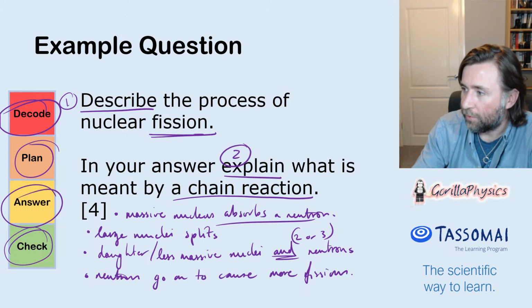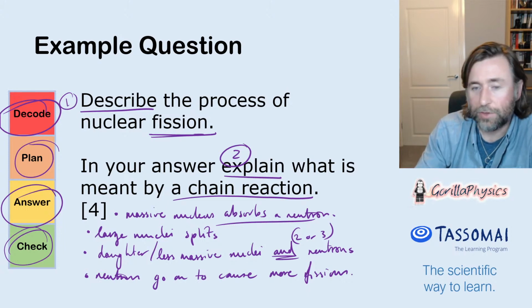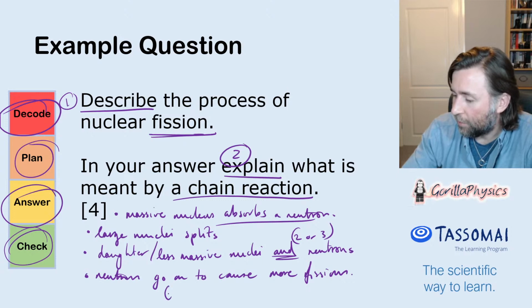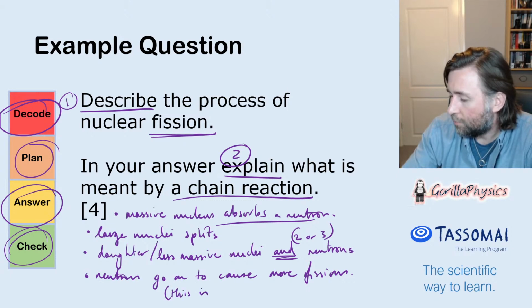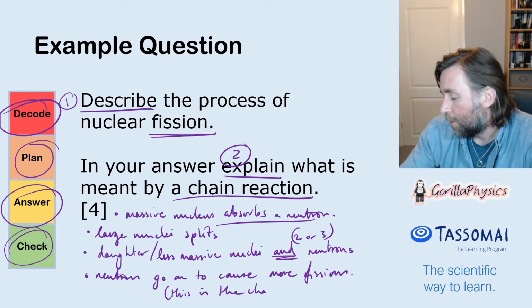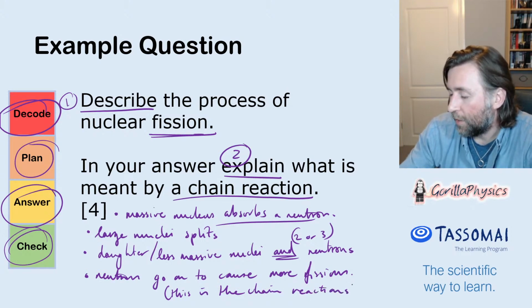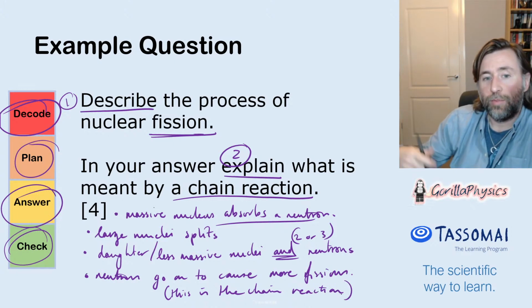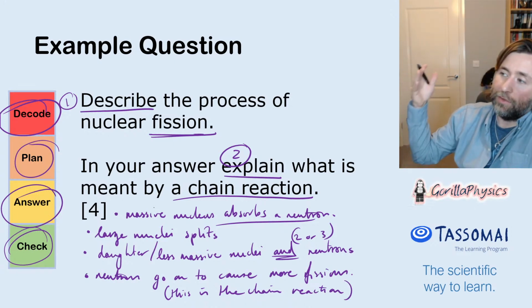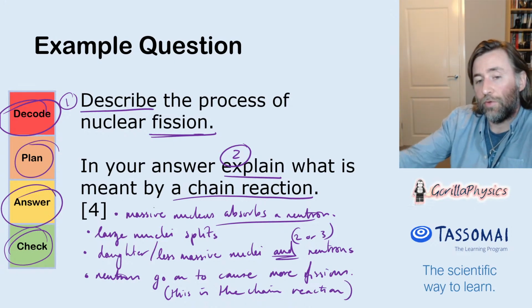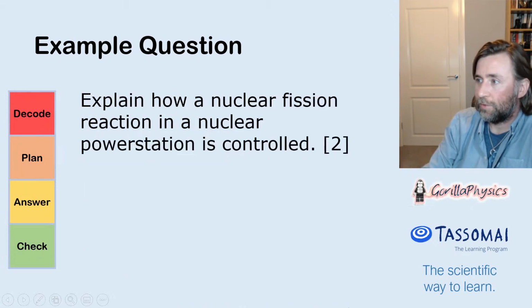You might want to cover yourself here by just saying this is a chain reaction, or to say the process repeats itself. But actually, you've said that the neutrons released cause more fissions. That's what a chain reaction is.